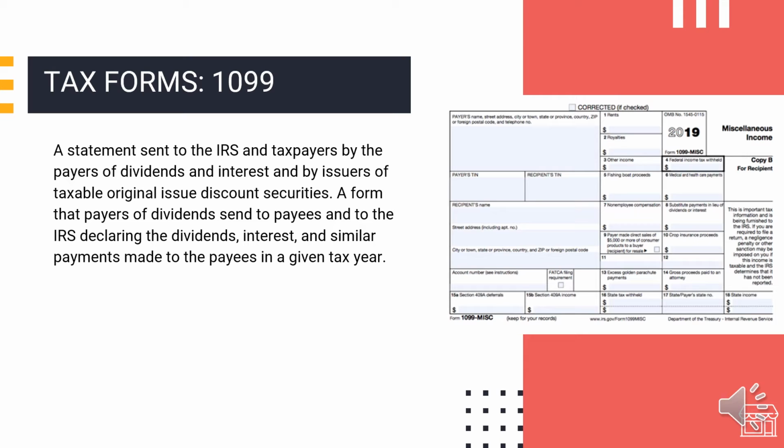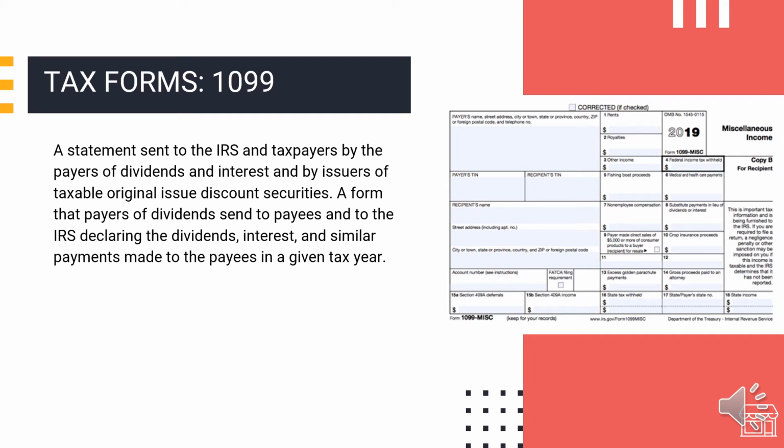The 1099 form is a series of documents the Internal Revenue Service refers to as information returns. There are a number of different 1099 forms that report the various types of income you may receive throughout the year other than the salary your employer pays you.